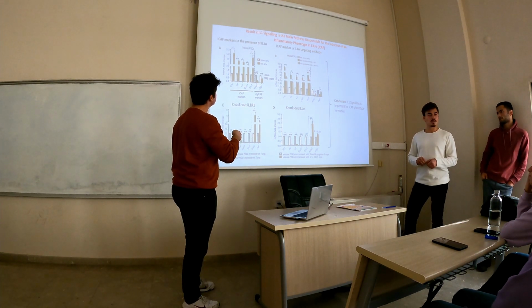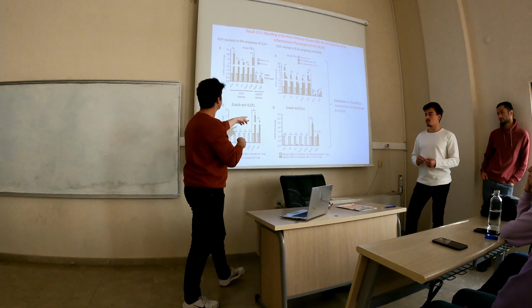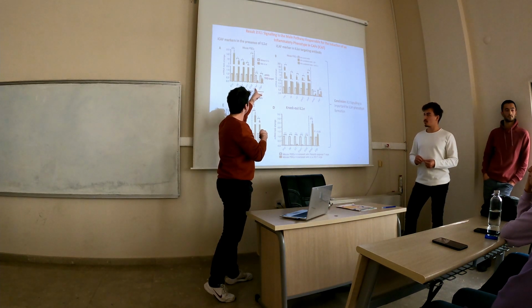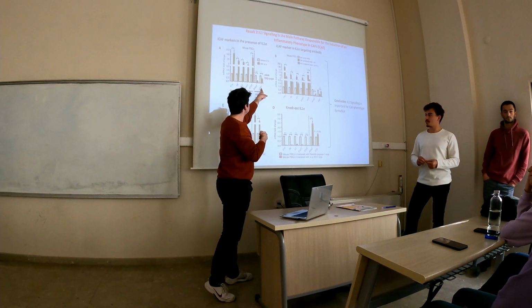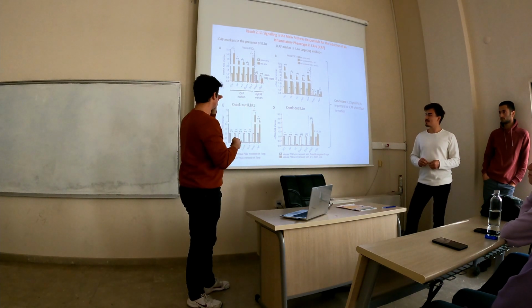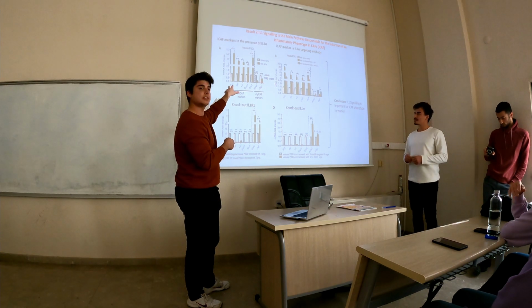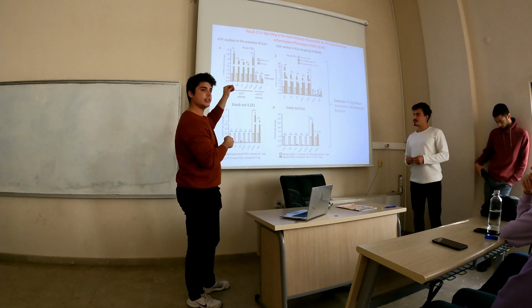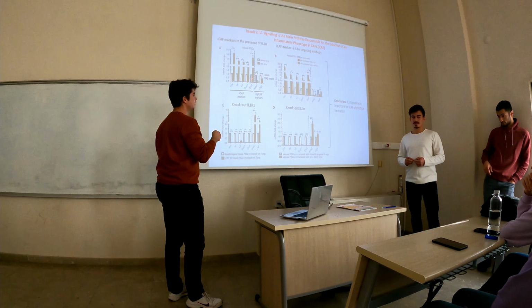And there is a decrease of myCAF markers, which are alpha-SMA, marker at the 2, and CTGF, which is a TGF-beta target. And we can see that there is some anti-correlation between JAK-STAT and TGF-beta signaling.